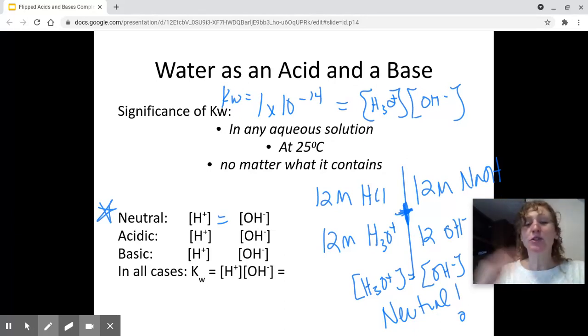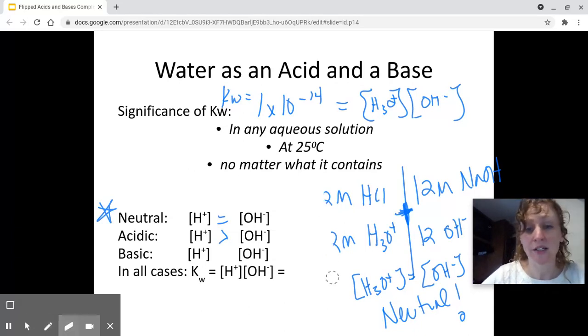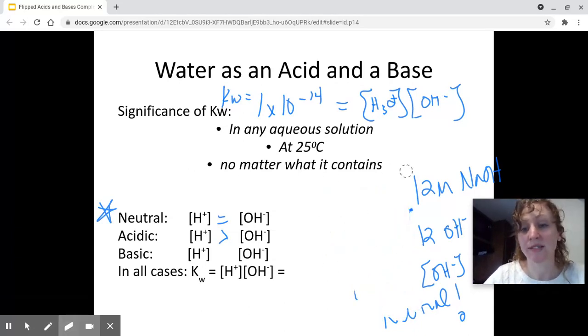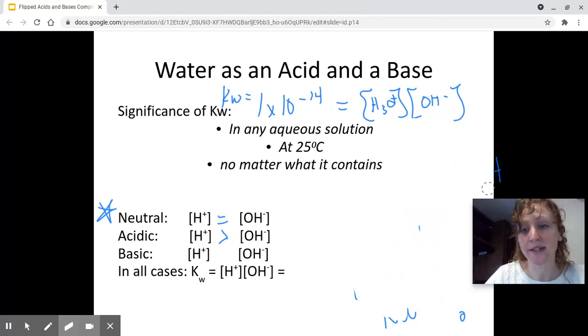Okay. Anyway, moving on. So neutral means you just have the same amount of hydronium and hydroxide ions present. So what does acidic mean? If you have an acidic solution, you're going to have more hydronium ions than hydroxide ions. Again, they're going to have to multiply together to still equal the same Kw as long as you are at STP.